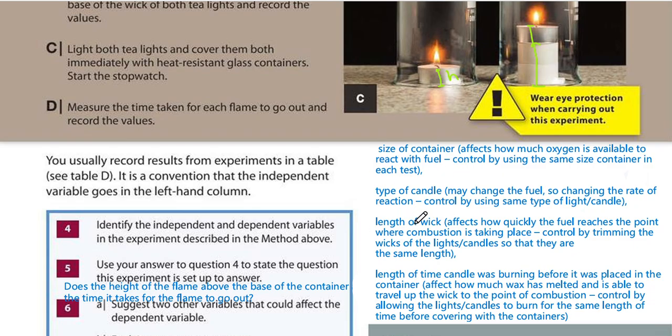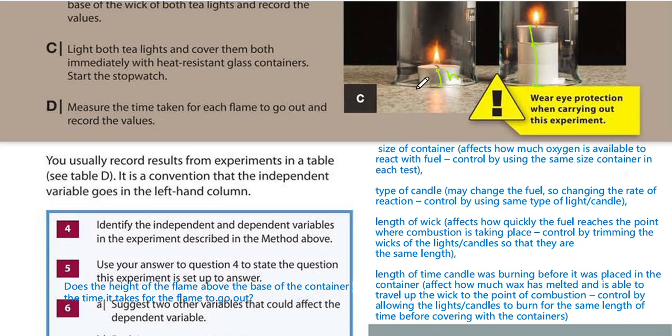Another thing is length of wick. The wick is this part, what is burning here. You can see a small black color, like a very thin line. That's a wick. Length of wick is another variable that will have an effect on the dependent variable. Why do we say it? Because it affects how quickly the fuel reaches the point where combustion is taking place.